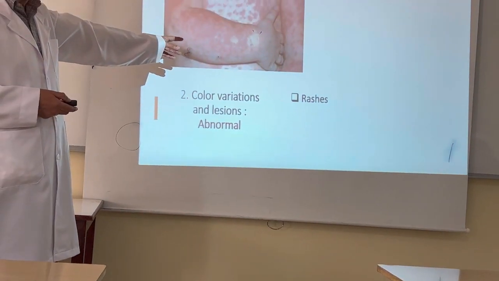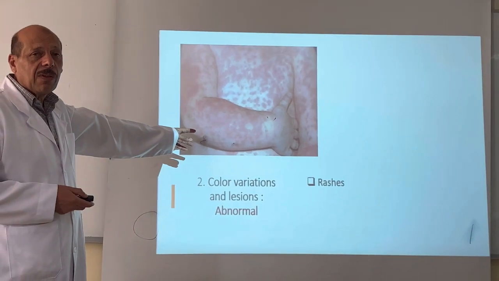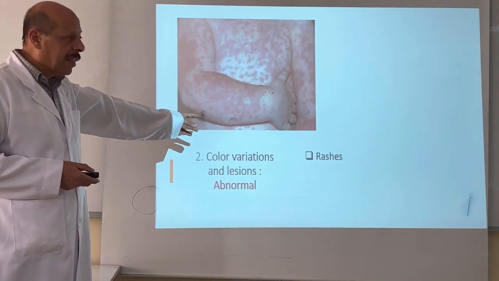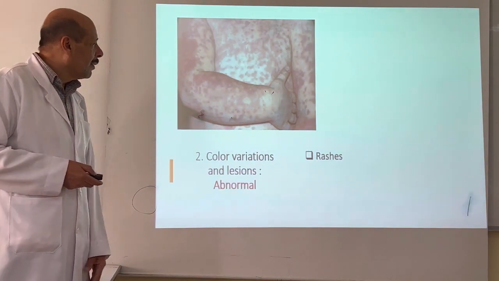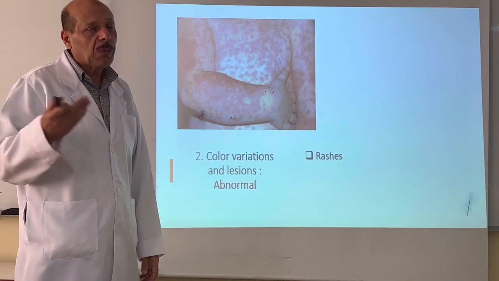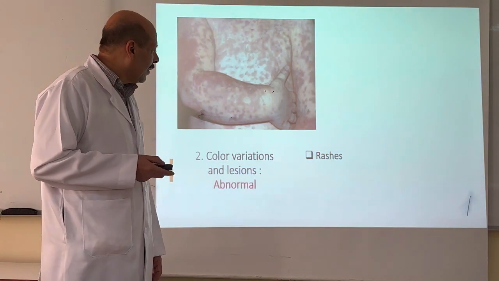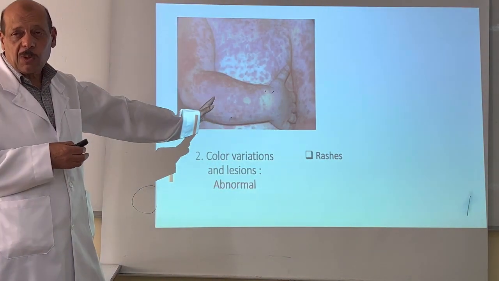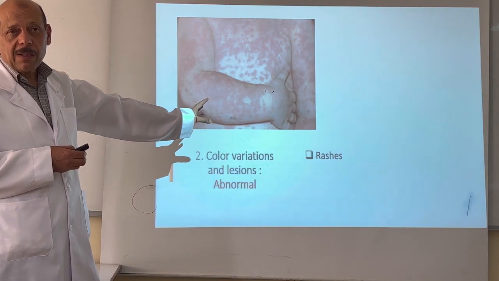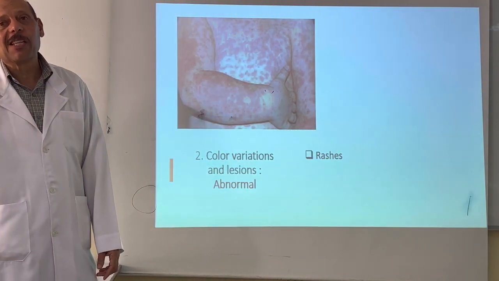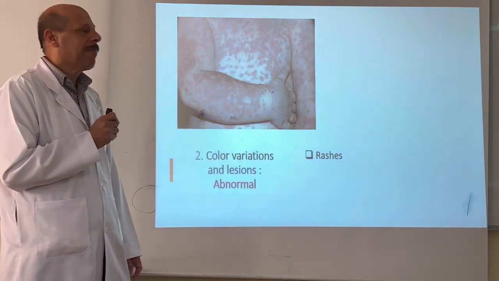Here, a wide range of rashes. So rashes are there. It might be due to infectious disease like measles. So it is rashes, we call it. Rashes mean the red spots that become a skin eruption.